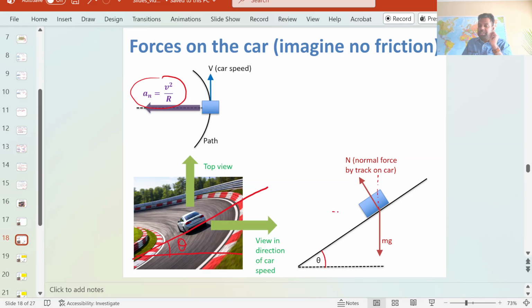So this is theta, the inclination angle from the horizontal is theta. So this force in this direction here will be N sine theta, right? Mg will not have a horizontal component.